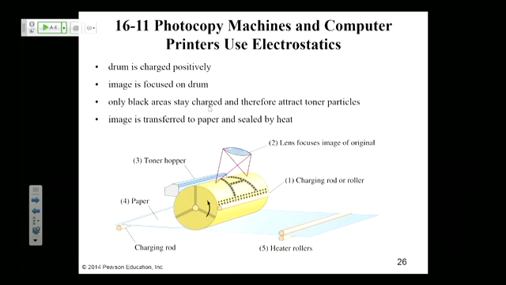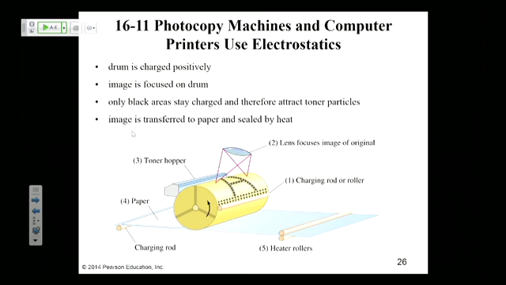Photocopying machines, as you can see in this illustration, you have a drum charged positively, and then the image for the letters is focused on the drum, like here, the image of letter A. Then black areas stay charged, and other areas will lose the charges.